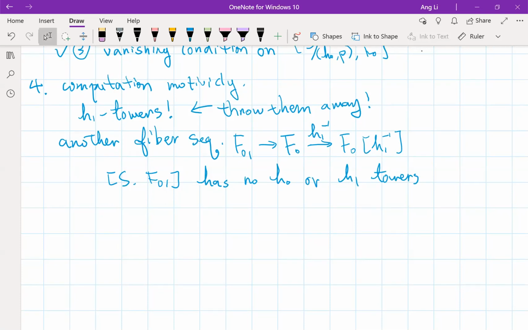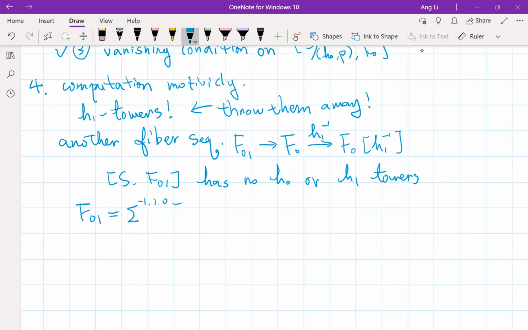And then for computational convenience, this thing can also be expressed as a colimit with some shift.